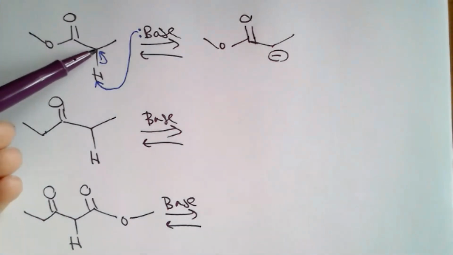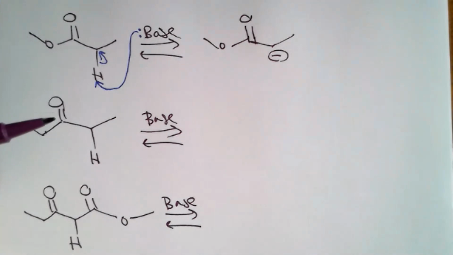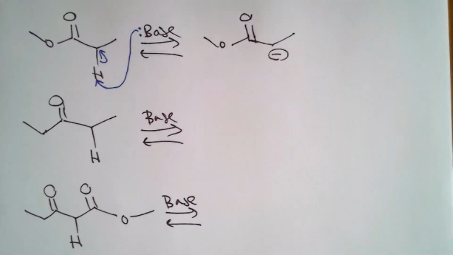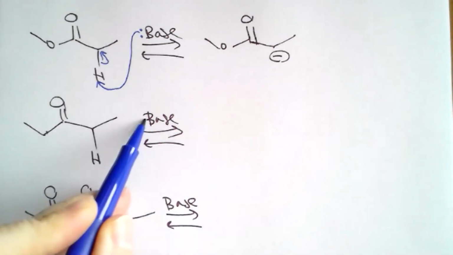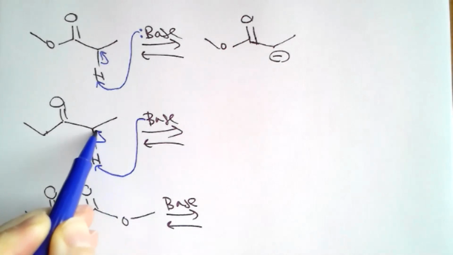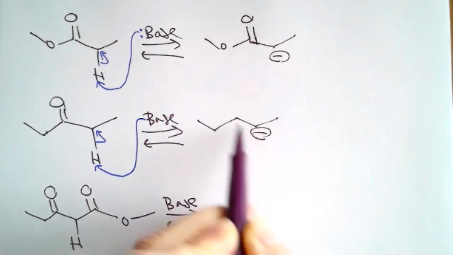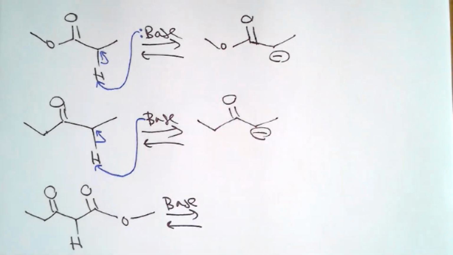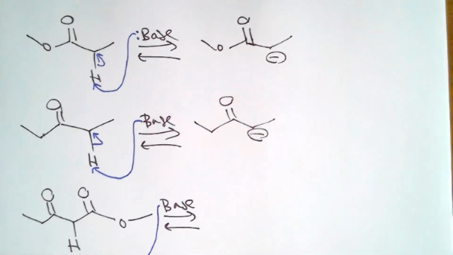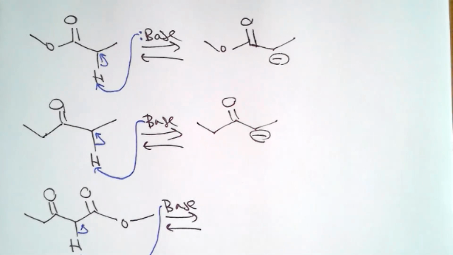See, this is an sp3 carbon. That's a standard alkane carbon. But we can pluck an alpha hydrogen. We'll explain why that's an okay thing to do momentarily. Base can pluck an alpha hydrogen to give me the same sort of thing.